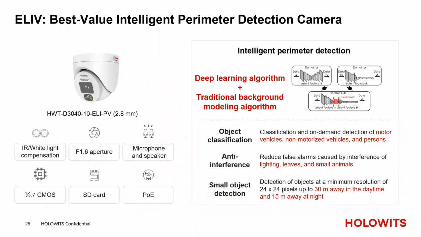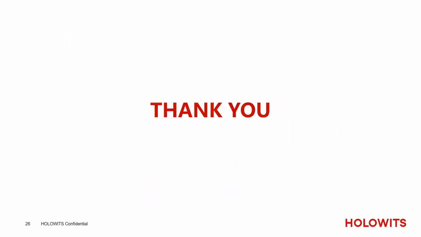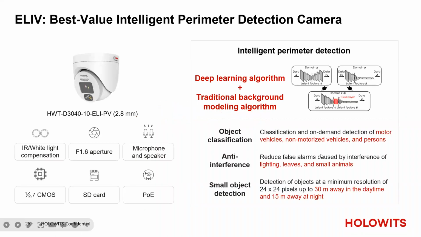Now let's look at the last one. The last one is our HWT D304010 ELI PV, the best value intelligent perimeter detection camera. It's similar to the models I have just mentioned, with a wide range of integrated functions.